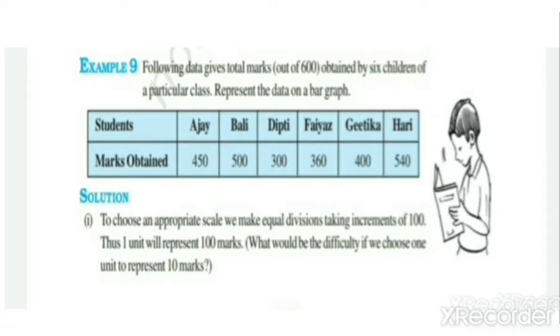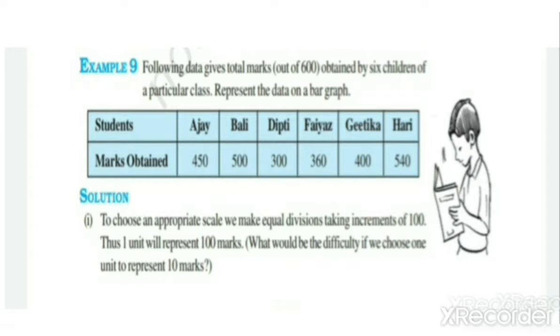What would be the difficulty if we choose 1 unit to represent 10 marks? The bar will be too long because the highest number is 540. So, we are choosing 1 unit equals 100 marks.